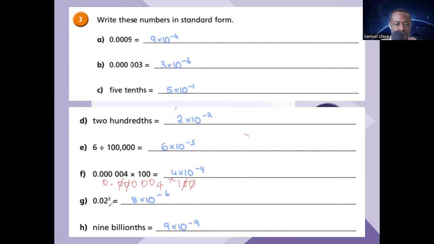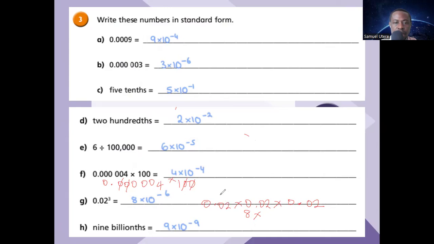And then this is 0.02 to the power 3. 0.02 to the power 3 is the same thing as saying 0.02 multiplied by itself up to 3 times. Now, if we multiply the 2's, we have 8. Now, you can see that we could have rewritten this in standard form to say, okay, this is 200ths.